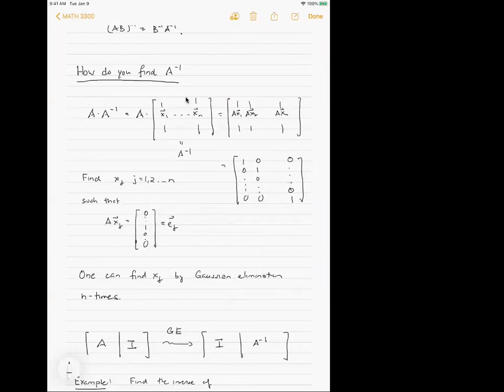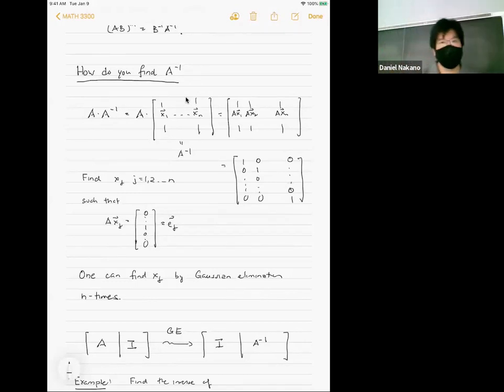Can you explain that again? Well, you have n systems of equations, namely A times xj is equal to EJ, and you want to find the xj's. And how many of them are there? There are n of them.